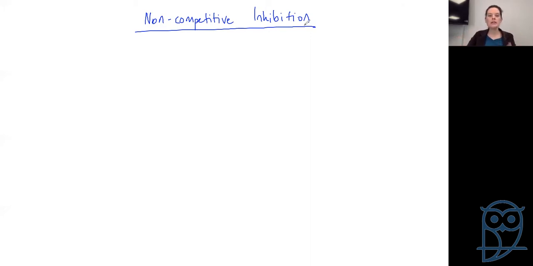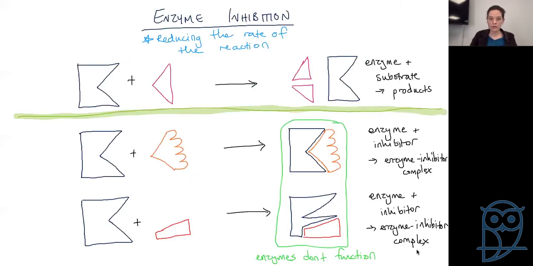Okay? But we still have reversible and irreversible. So we're going to consider them separately. Reversible and irreversible. So if we think about non-competitive, we go back to our pictures here. Non-competitive could actually be each of these.